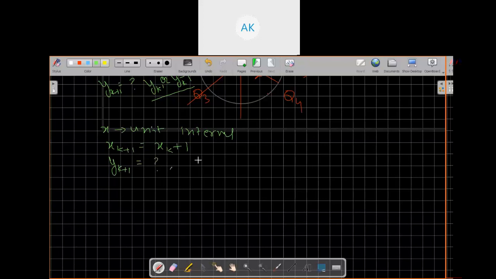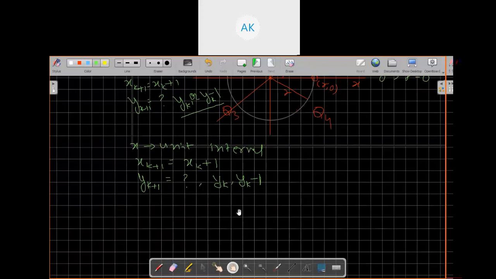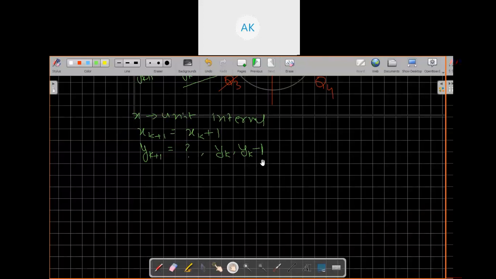This point will be maybe y_k or y_k minus 1. As you can see here, your y value is decreasing. So your y point will be the same coordinate, or it will decrease. As you can see here, y_k will be this point, or the lower level on your y-axis. So it is decreasing, so your upcoming point will be y_k or y_k minus 1.